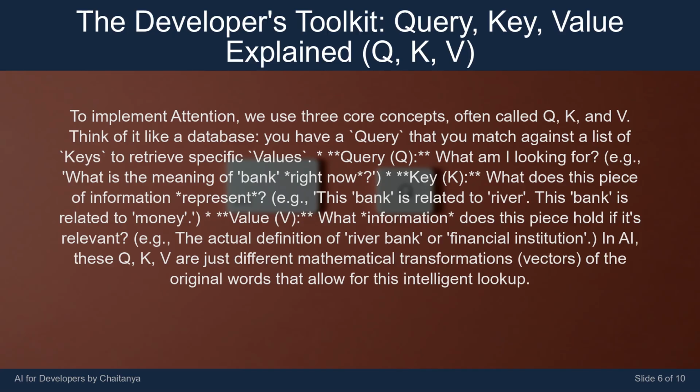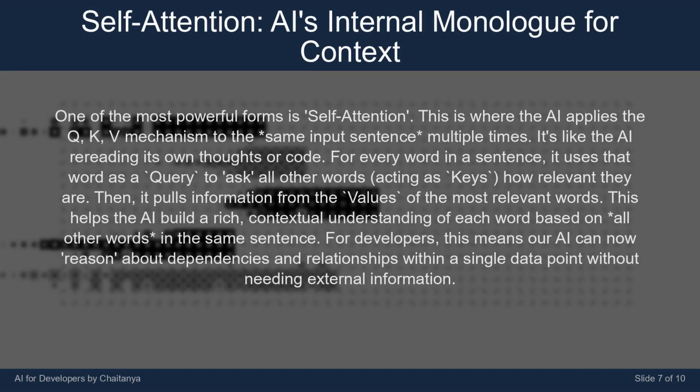One of the most powerful forms is self-attention. This is where the AI applies the Q, K, V mechanism to the same input sentence multiple times. It's like the AI rereading its own thoughts or code. For every word in a sentence, it uses that word as a `query` to ask all other words, acting as `keys`, how relevant they are.